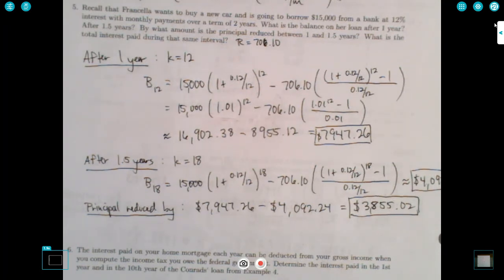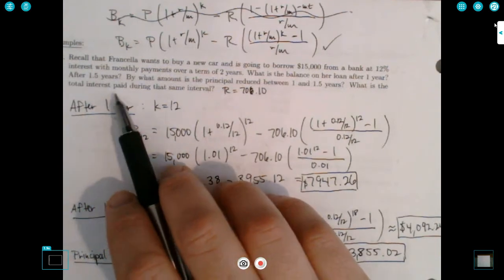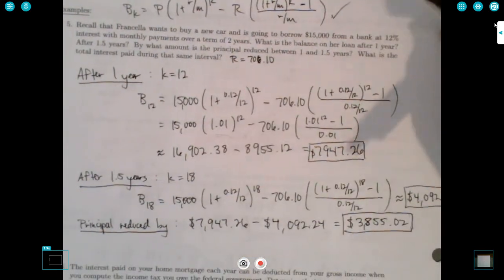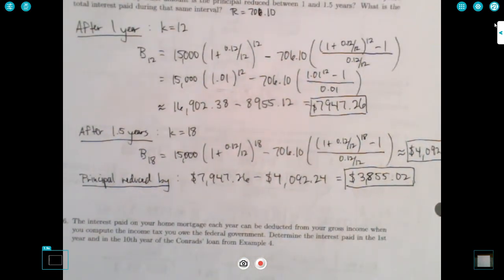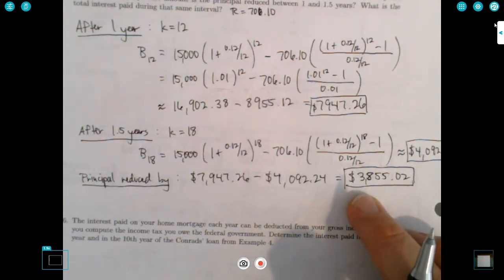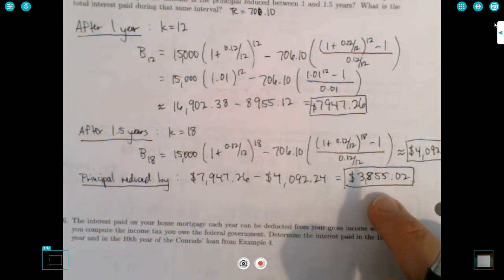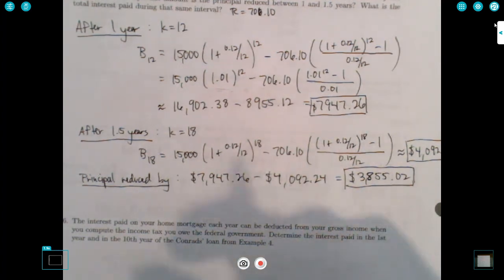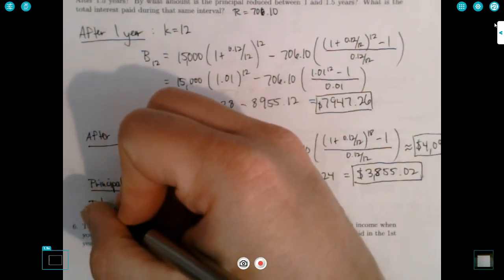And then the last question is, what is the total interest paid during that same time interval? Well, this is the amount that her principal was reduced by, but that's not necessarily the total amount of money that she paid, right? So any additional money that she paid must have gone towards paying the interest, right? So we'll say total paid.